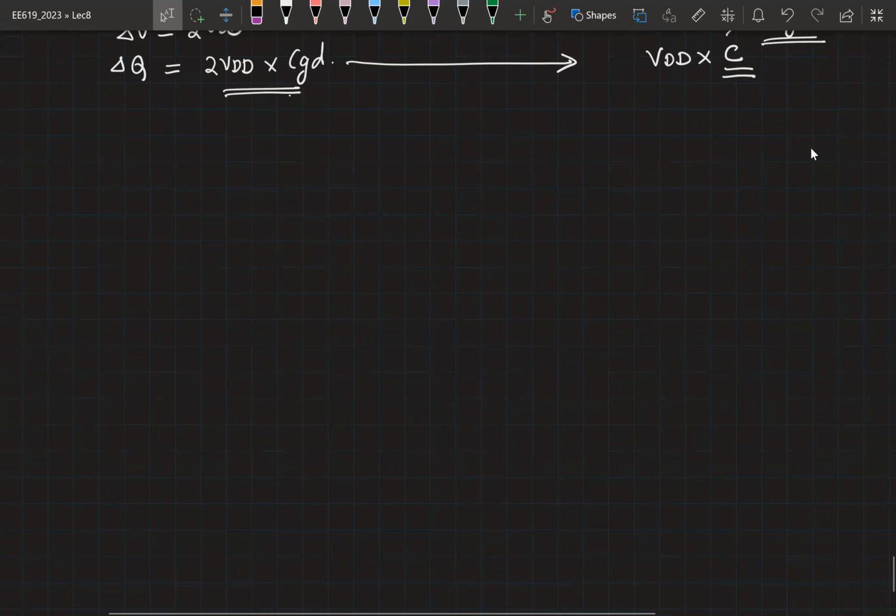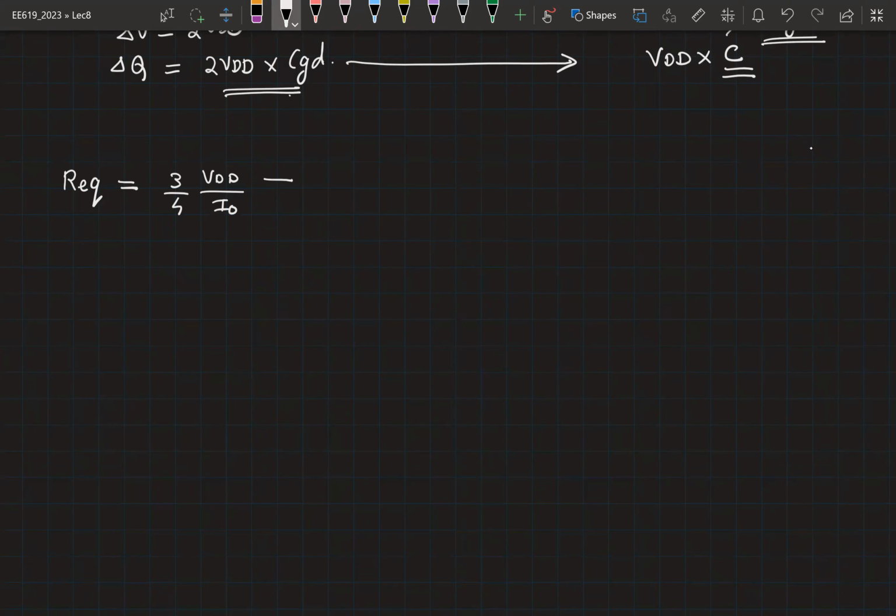Okay, so the expression for R equivalent, let us quickly analyze how this R equivalent is going to change as you change your W, L, etc. So you got 3/4 VDD by I naught, minus a factor which includes channel length modulation. For quick analysis, I'm going to ignore the channel length modulation.